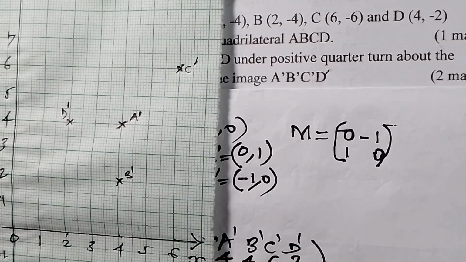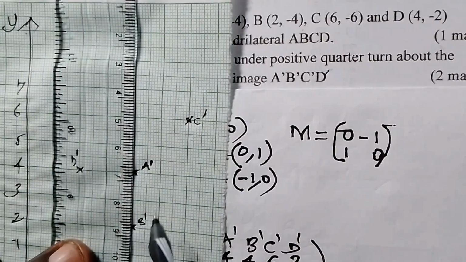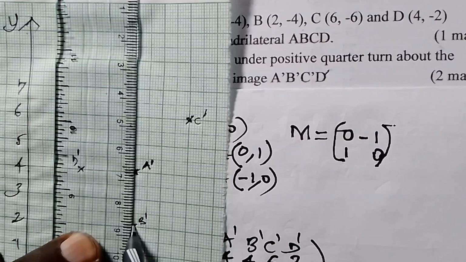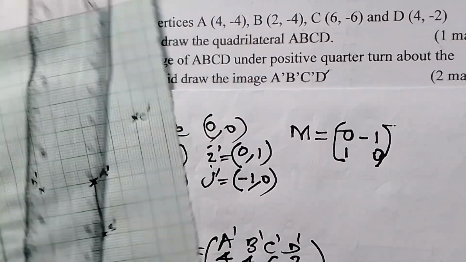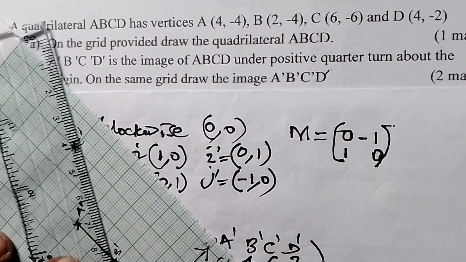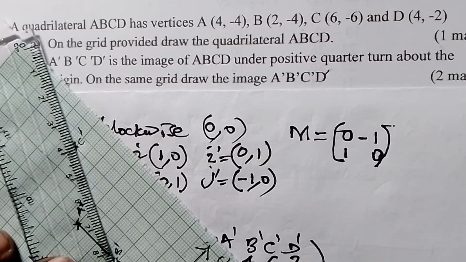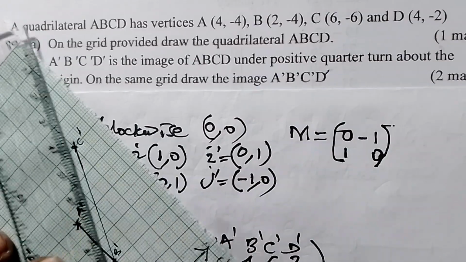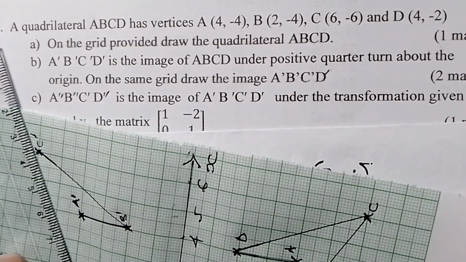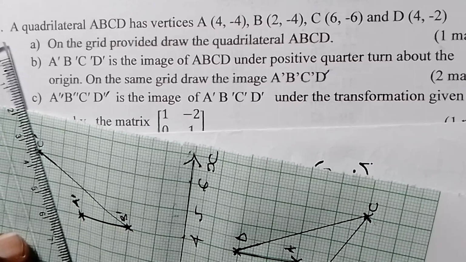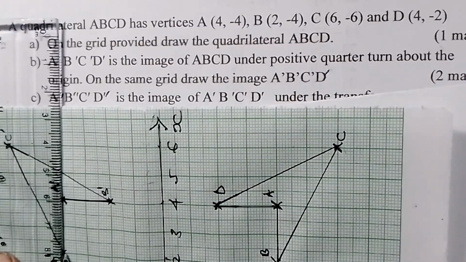Again, take your ruler, join A1 to B1, B1 to C1, C1 to D1, and finally D1 to A1.